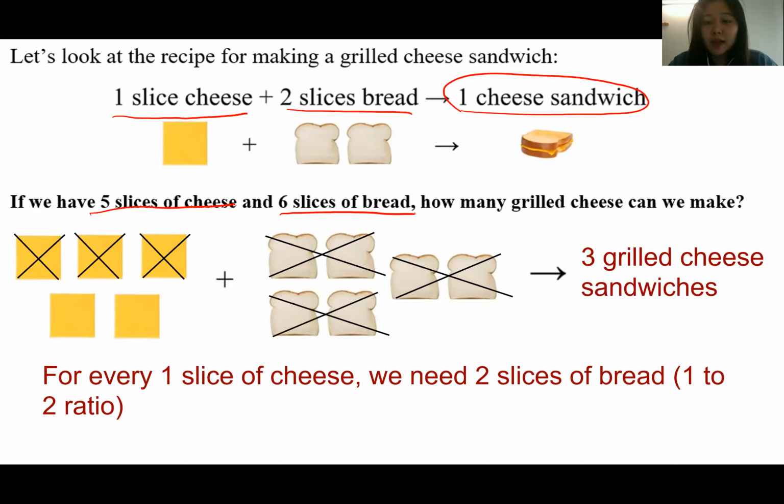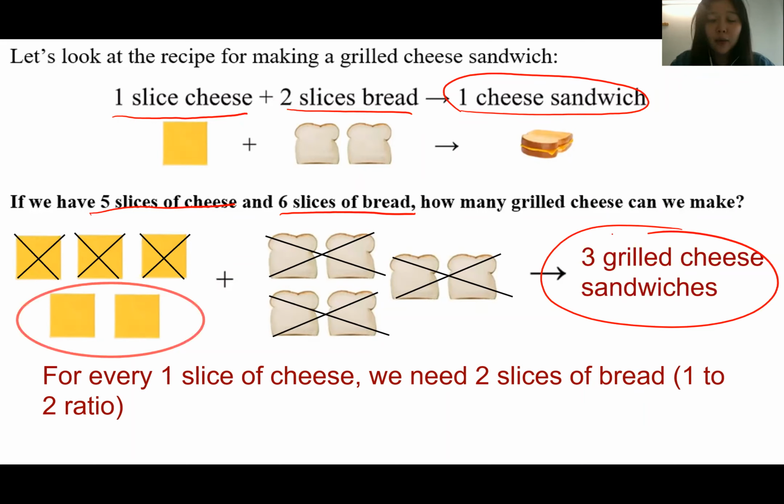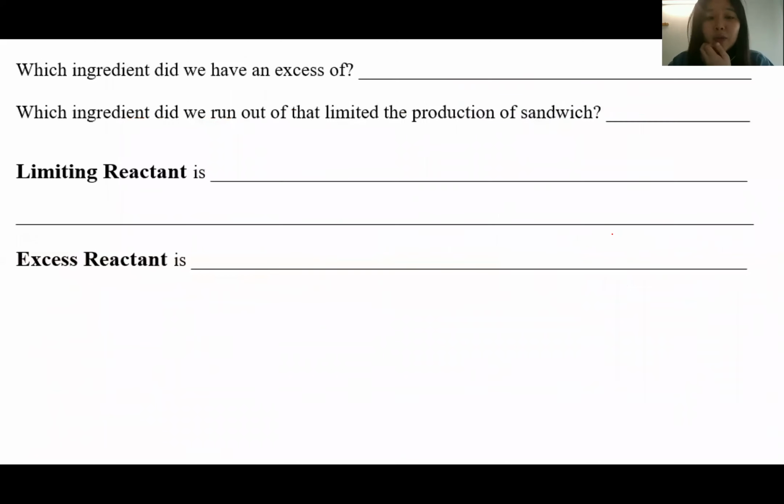So what happens then is we know that we make 3 grilled cheese sandwiches with 5 slices of cheese and 6 slices of bread. And we know that we have 2 slices of cheese left over if we use up all the bread. So which ingredient do we have an excess of? Cheese, right?